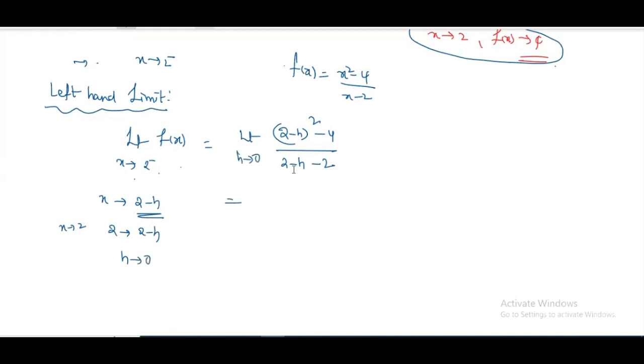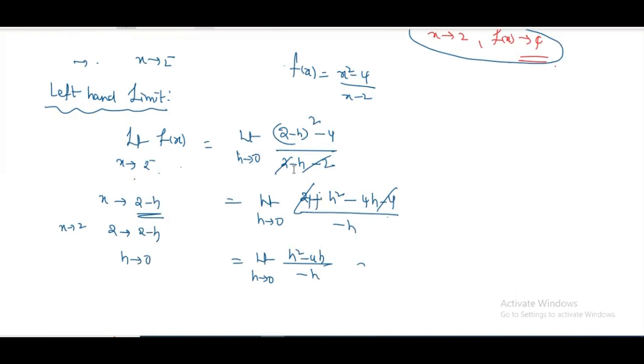So if you substitute, as h approaches 0, it will become (4 plus h square minus 4h minus 4) divided by (minus 2 plus 2 minus h). The plus 4 and minus 4 cancel, and the 2s cancel. So what you get is limit h tends to 0 of (h square minus 4h) by minus h.